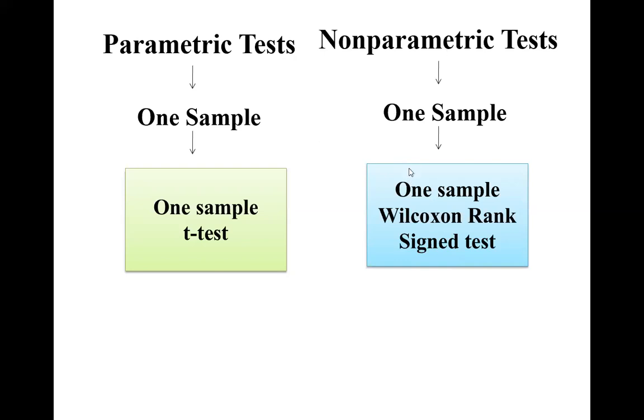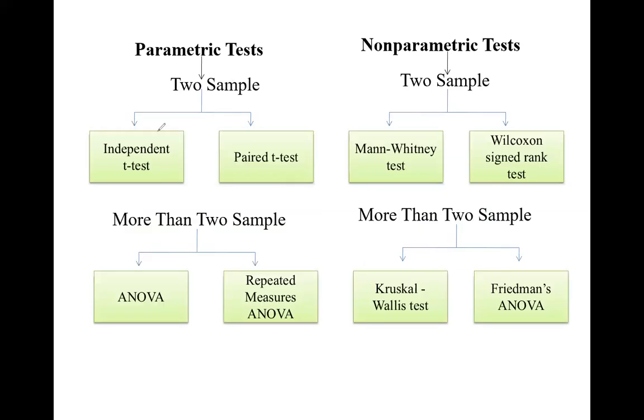Okay, now you see the condition of the independent t-test. Where should we use the independent t-test? What are its applications? When we compare two groups, y is the dependent variable and x is the independent variable. So I am comparing two groups.